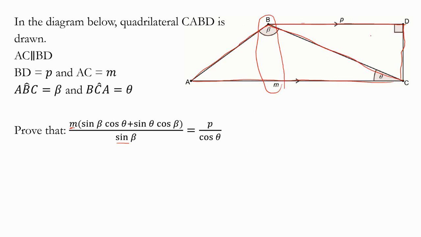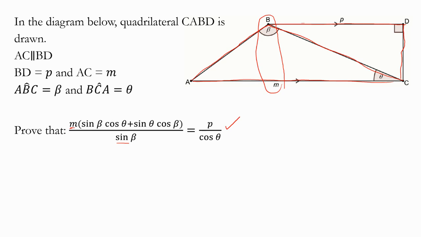For triangle BDC, it's a right angle triangle, so we can use simple trigonometric ratios: tan theta, cos theta, sine theta. We have a common side, BC. So we find BC using triangle ABC, and then find BC using triangle BDC, and then equate those two equations.